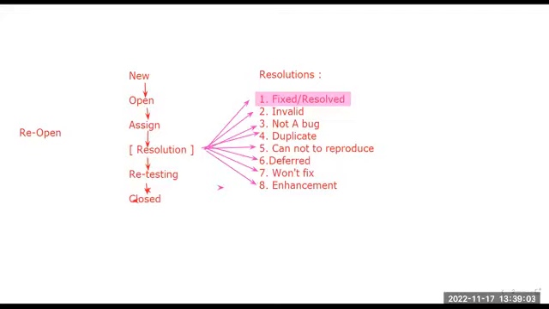Can someone tell me when our developers can say that a defect is invalid? Anyone? When can they say that the invalid resolution applies? It's a feature, not a bug, that is a third one, what you are saying.